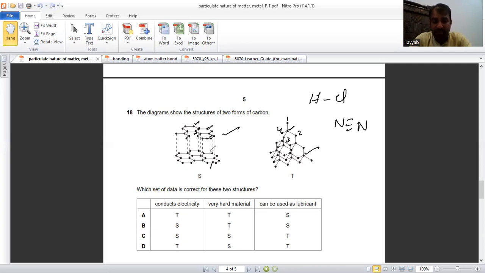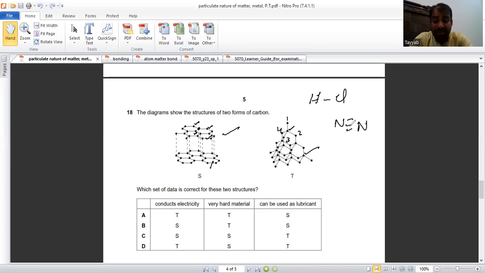Remember this statement whenever they ask in the exam why diamond has very high melting point, why graphite has very high melting point. These have very high melting point because to melt them there is a need to break strong covalent bonds. And why do HCl, nitrogen, hydrogen, oxygen have low melting or boiling point?